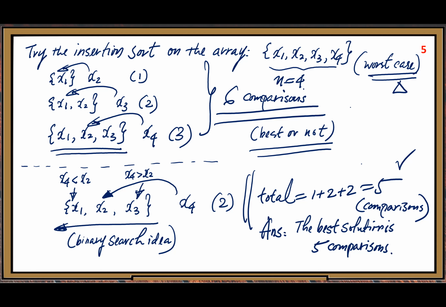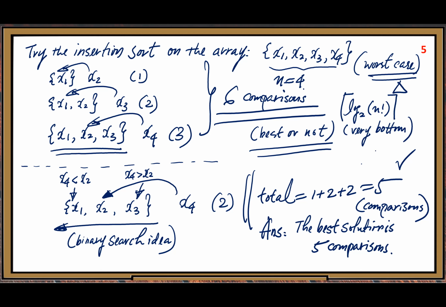That is the ceiling of log base 2 of n factorial. This is the very bottom formula.